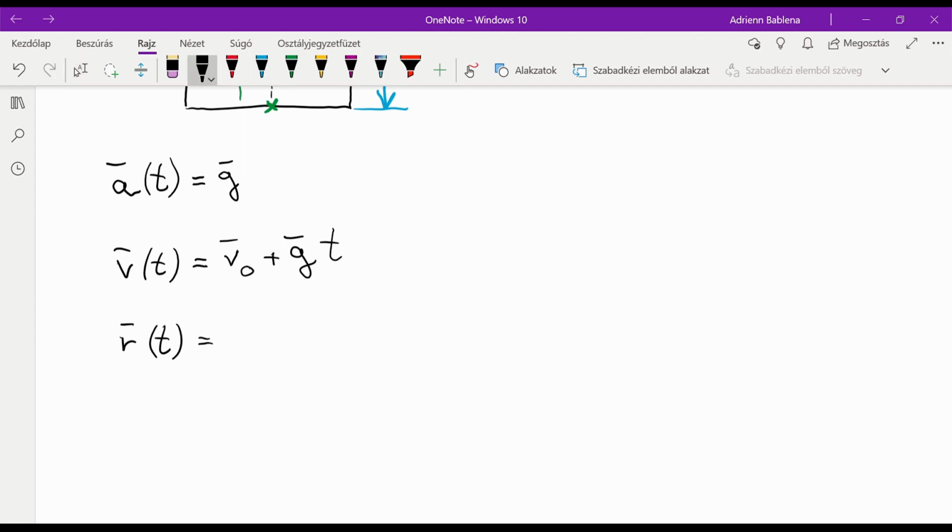And our position vector, we have an initial coordinate r0.